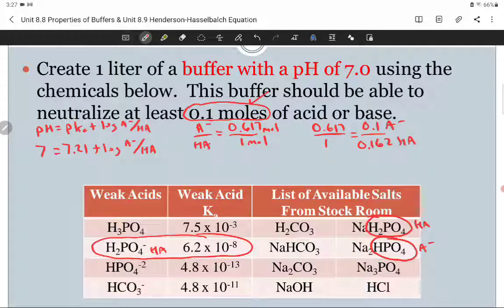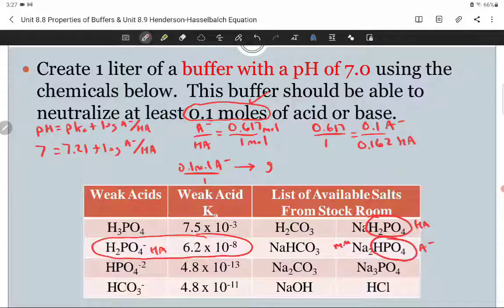Okay. So then you'd have to go and convert 0.1 moles of A minus to grams. So you'd have to find the molar mass of Na2HPO4.